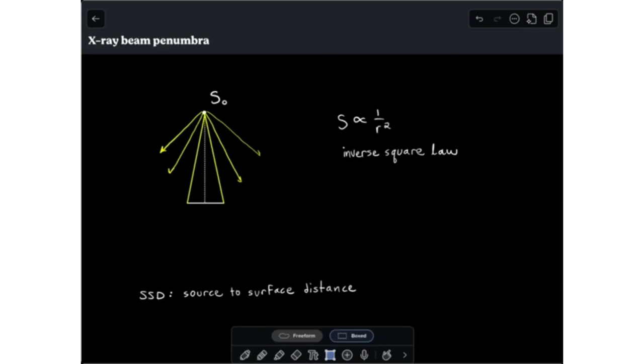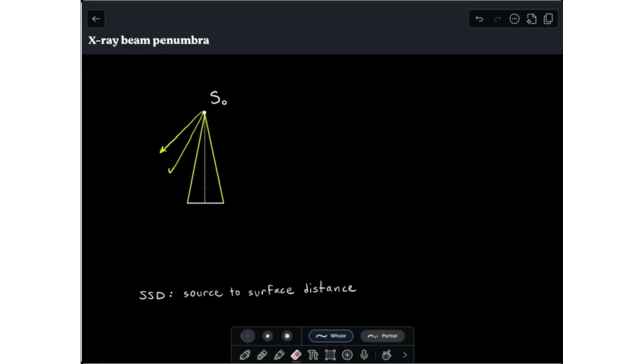But we also have other ways of reducing the radiation intensity outside of the edges of this field that we want. For example, we can still use a relatively isotropic source for therapy like cobalt 60, but we need to occlude or collimate those extraneous emissions with some highly attenuating material like tungsten.